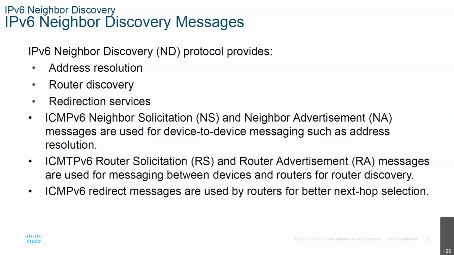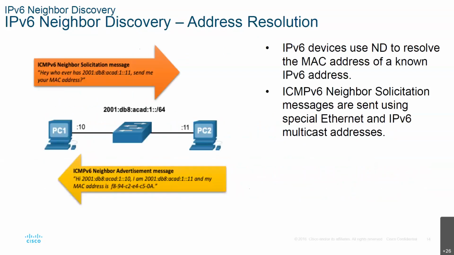The ICMP version 6 router solicitation, RS, and router advertisement messages are used for messaging between devices and routers. That is if they're using IP version 6 addresses. Okay. So something like this, if you are using IP version 6 addresses, for example, this one can say that whoever has got .11, send me your MAC address.